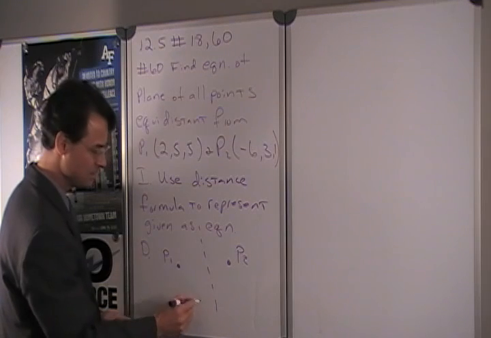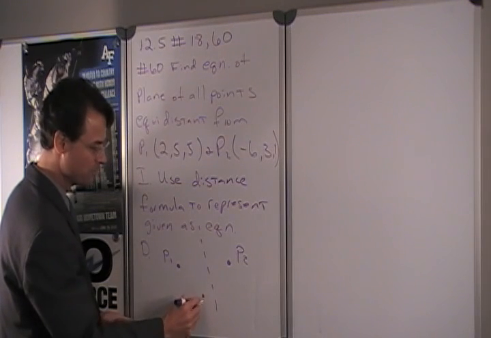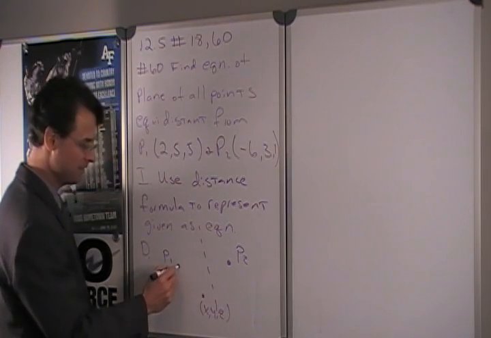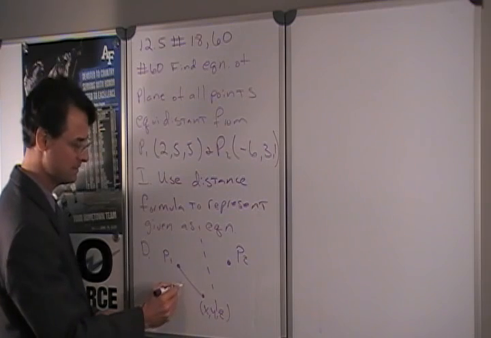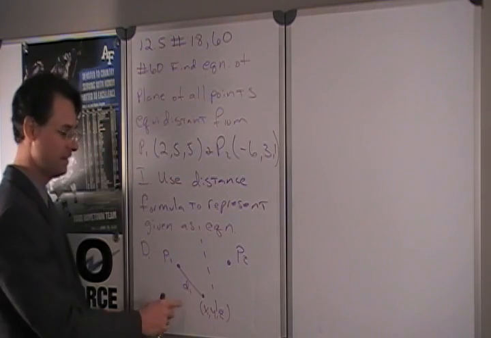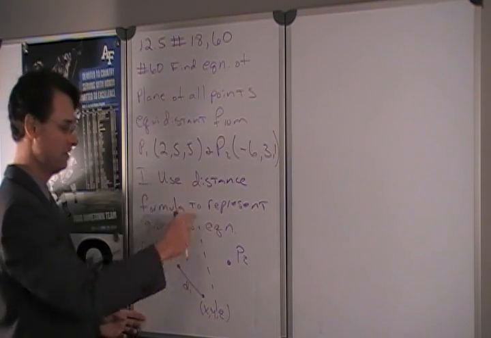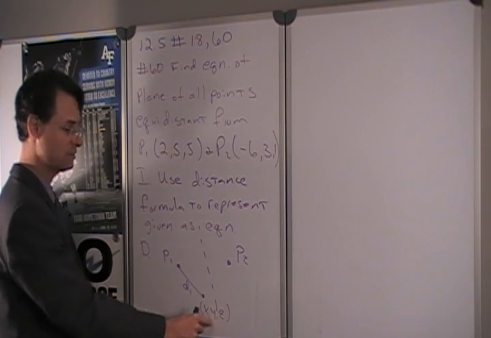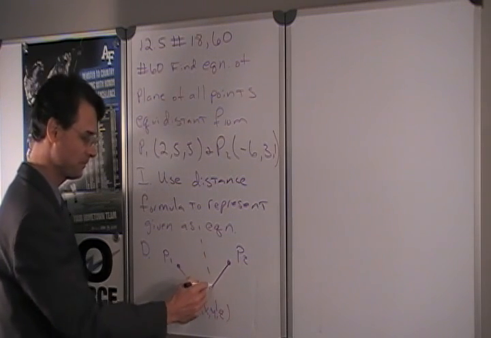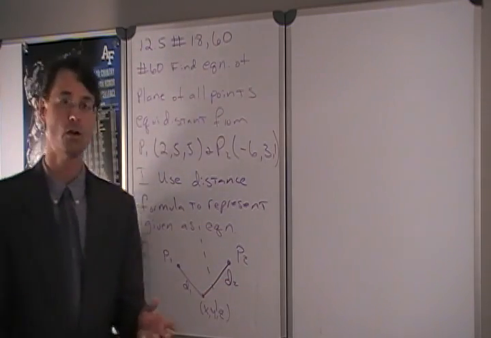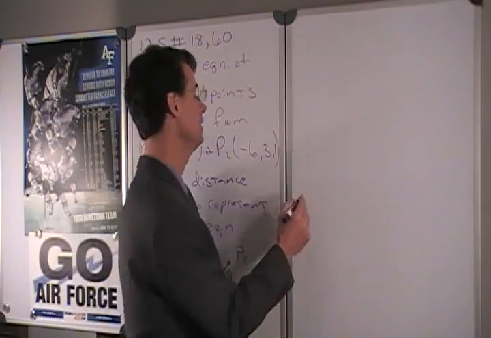If we had an arbitrary point in space, call it (x, y, z), then this distance we'll call d1. In other words, we're letting d1 be the distance from point P1 to our unknown point (x, y, z). And let's call this d2. So our two distances are d1 and d2.